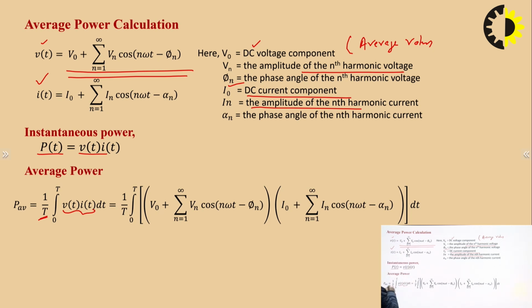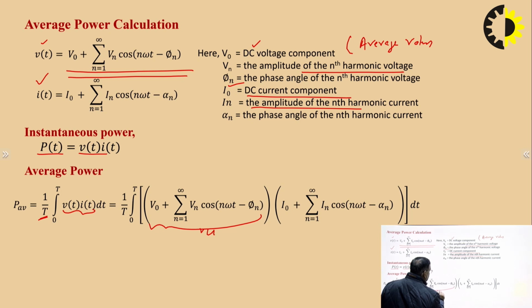The expression is very simple: take the product of the voltage v(t) and i(t), integrate over 0 to T, and in the last divide by T, and we get the average power.